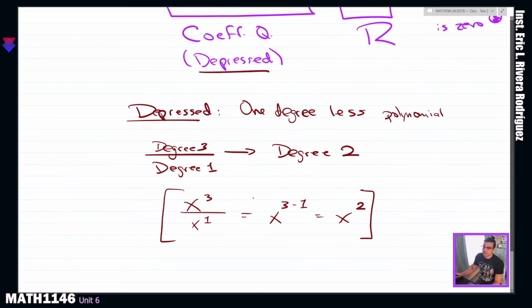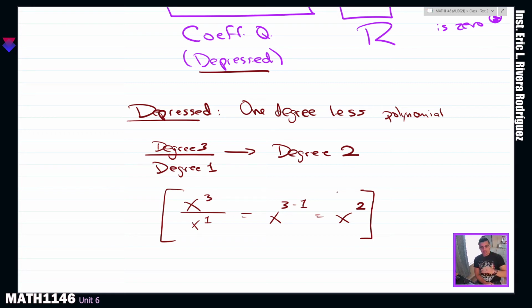Okay. Why is it important to have a degree of 2 now, a degree less? Because you can think of a level of difficulty. The easiest polynomial to work with is the linear one, degree of 1. The second easiest one is the quadratic equation. We did that on unit number 4. We learned about quadratic equations, that's degree number 2. Now we are working with polynomials in general, and you can see that degree of 3 is more difficult than degree of 2.